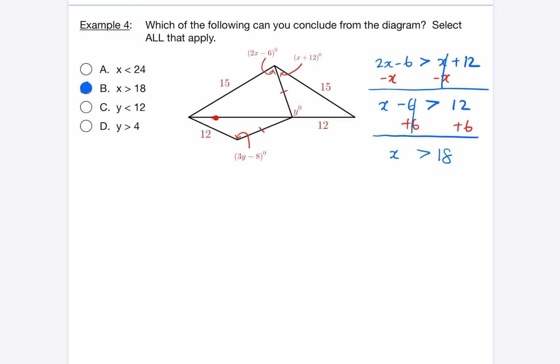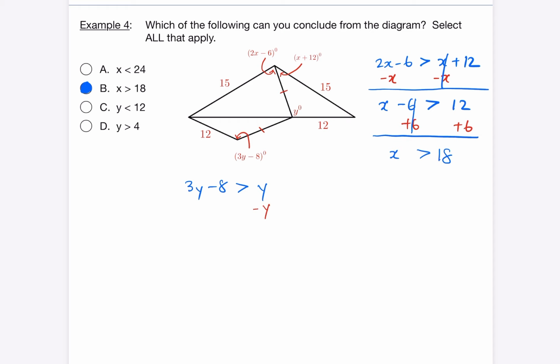And since this side is larger than this side, then the angle opposite this side would be this angle, 3y minus 8, and that is larger than this angle, which is opposite this side. And so we would say then that 3y minus 8 is greater than y. All right, so let's go ahead and solve for y.